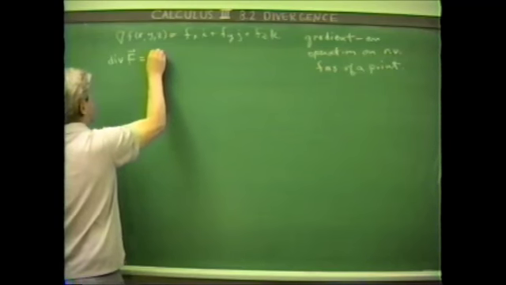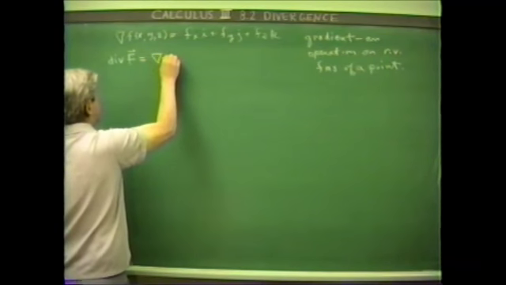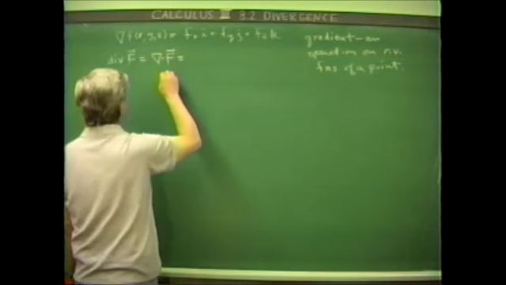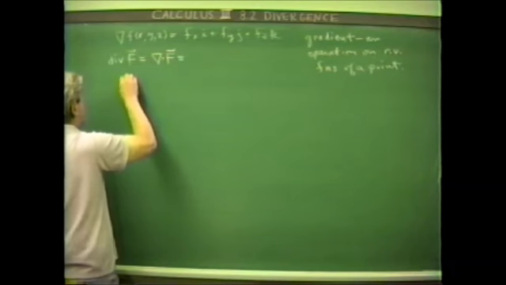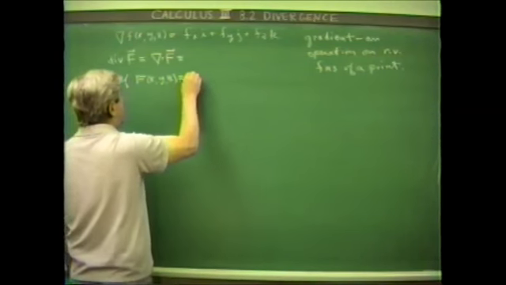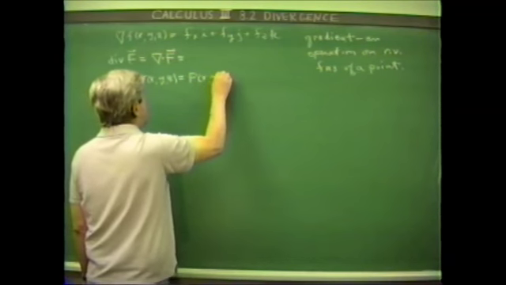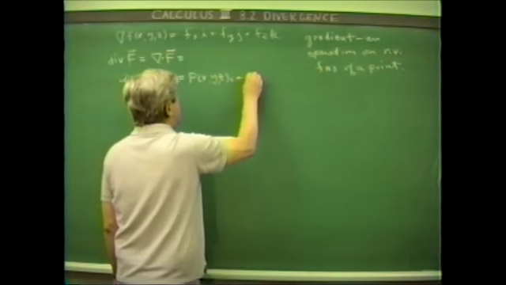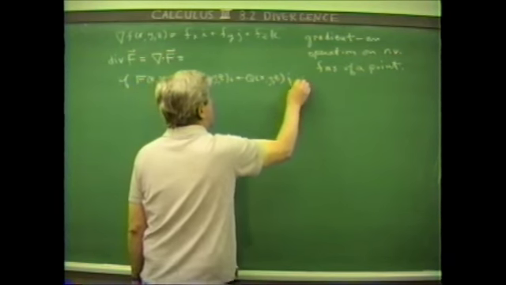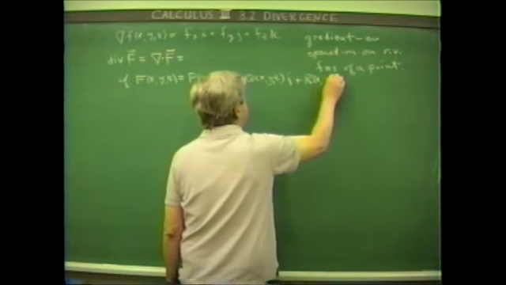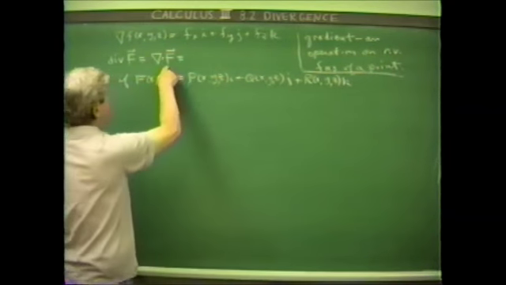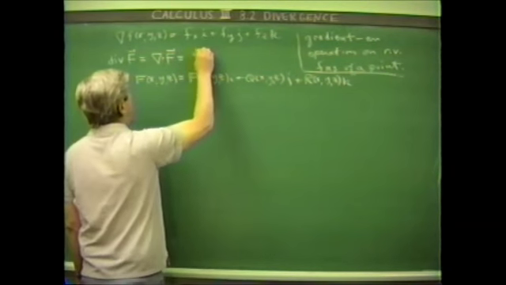or delta dot f. Right? And what this is as follows. If f of x, y, and z is equal to p of x, y, and z i plus q of x, y, and z j plus r of x, y, and z k, then the divergence of f is going to be a real valued function.